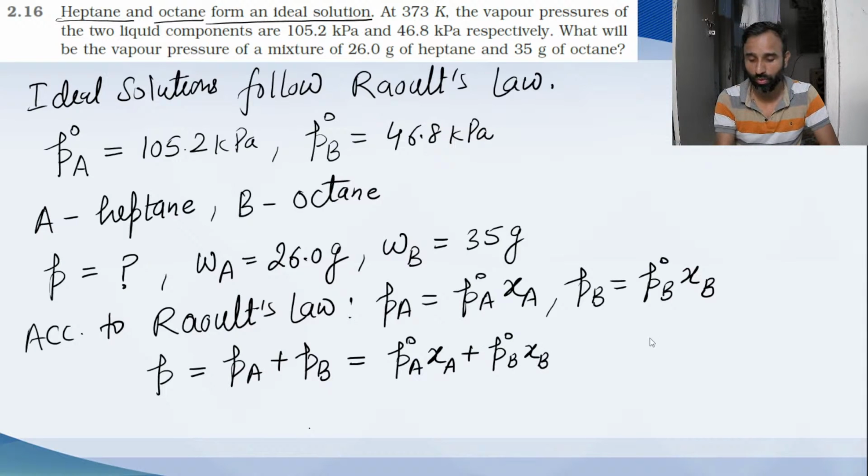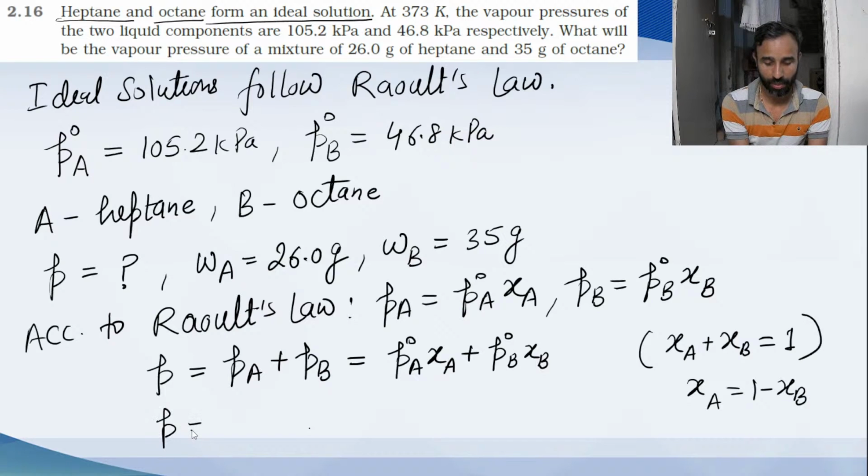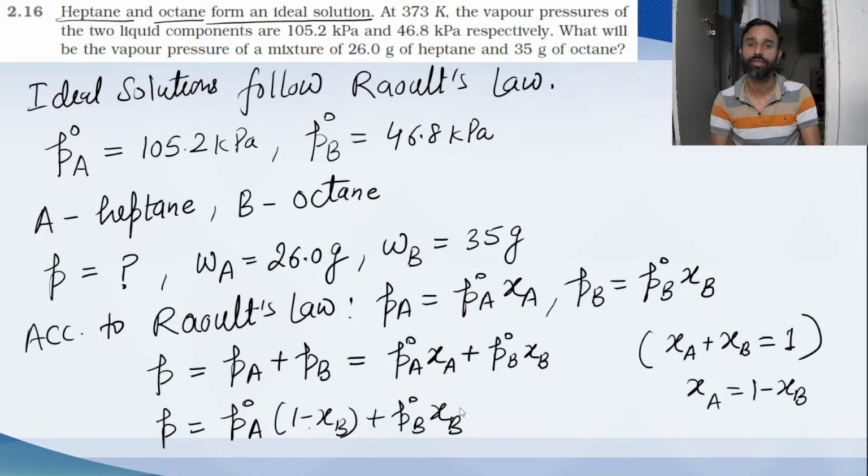Now you know XA plus XB is equal to 1. So XA is equal to 1 minus XB. So P equal to P naught A (1 minus XB) plus P naught B XB.